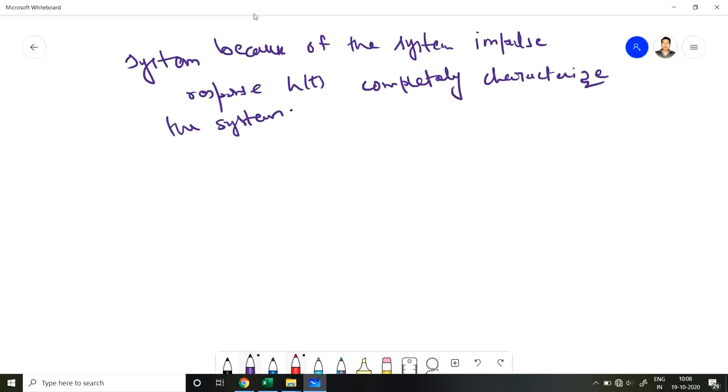There are some characteristics of the system function, so let us discuss some of them.